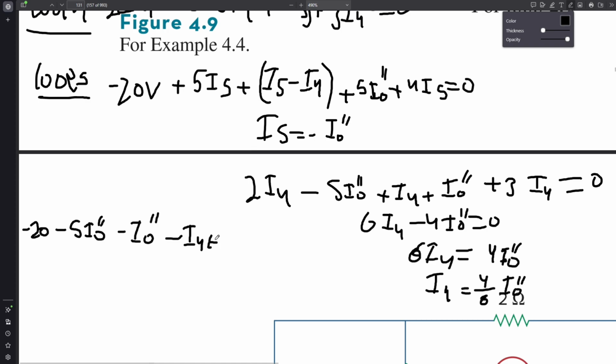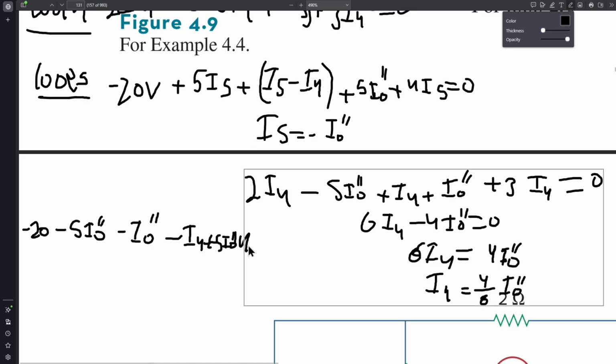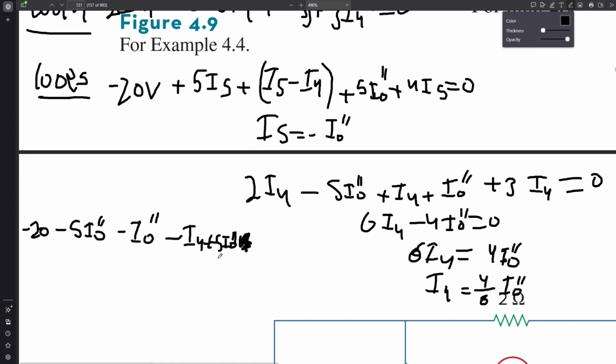And this is plus 5I0 double dash and 4I5 equals to 0.